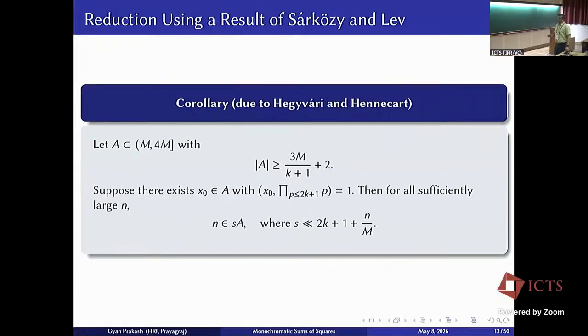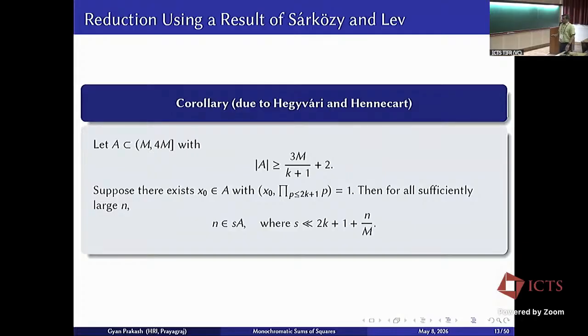So what does it say? It says that suppose you have A contained in M to 4M. Okay. So how many integers are there? Roughly 3m. And you should forget this 2, these are just technicalities. The cardinality is at least 3m by some k plus 1.